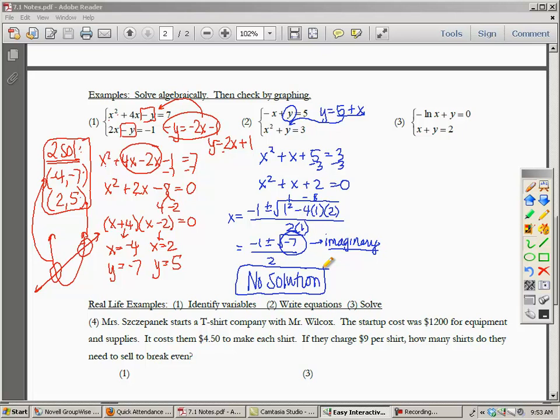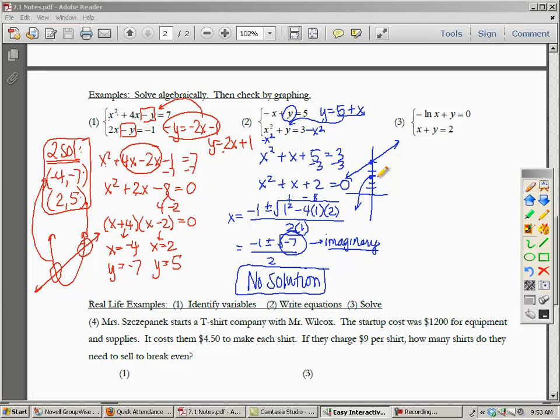Let's talk in terms of our graph. How does this relate to a graph? Well, if I look at my graph, 1, 2, 3, 4, 5, I know this is a line with y-intercept of 5 and a slope of 1. And this, if I move my x squared over, is a parabola that opens down, but a vertex at 3.